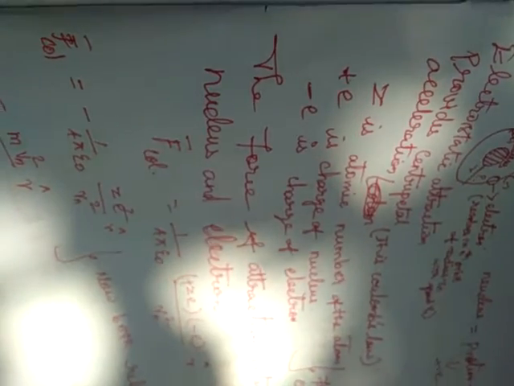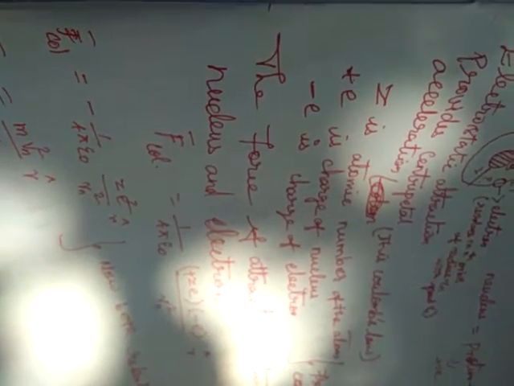Now what is the nucleus? The nucleus is protons plus neutrons, right? Protons always carry positive charge, and neutrons are neutral, they do not carry any charge. So here we take the positive charge, because the protons in the nucleus are positively charged.